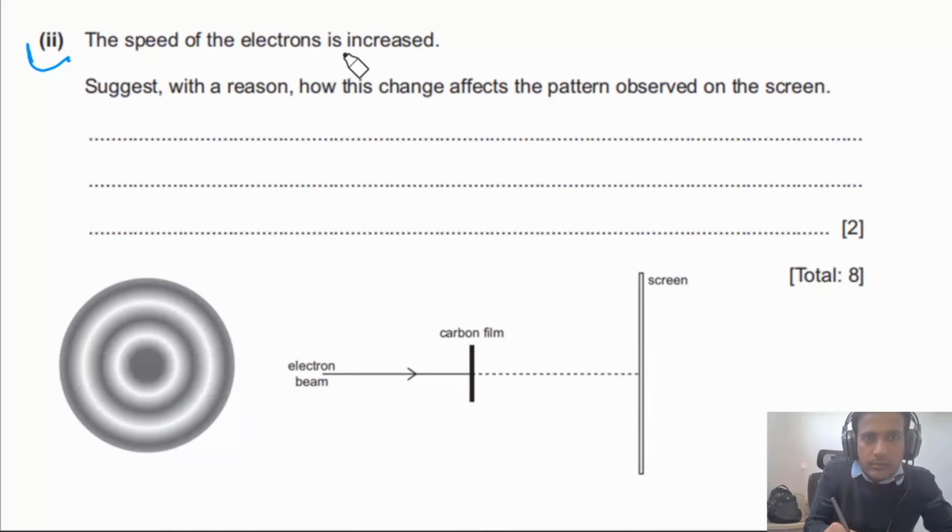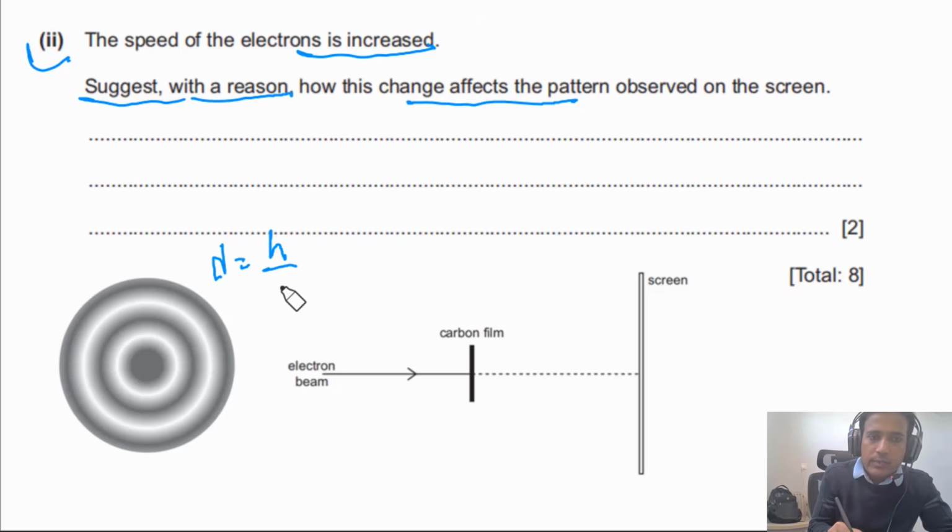The second part says the speed of the electrons is increased. Suggest, with a reason, how this change affects the pattern observed on the screen. How will this pattern change if we increase the speed of electrons? First of all, we need to understand that the wavelength lambda is equal to h over the momentum of the moving particle, that is the momentum of the electron.